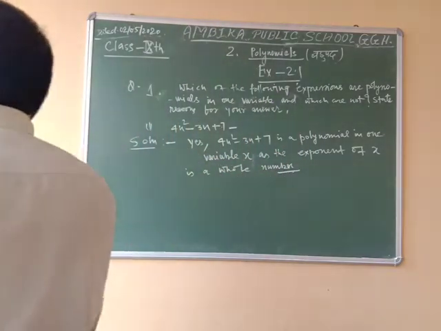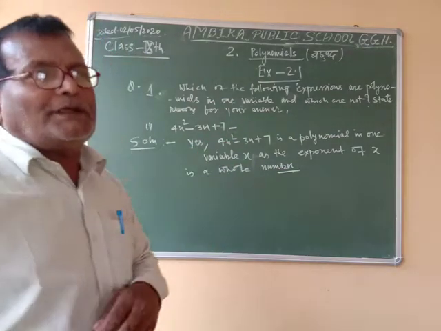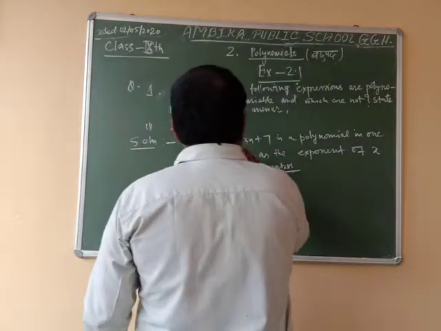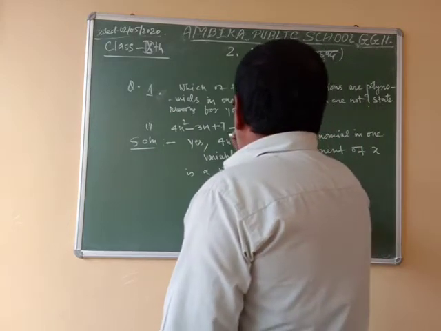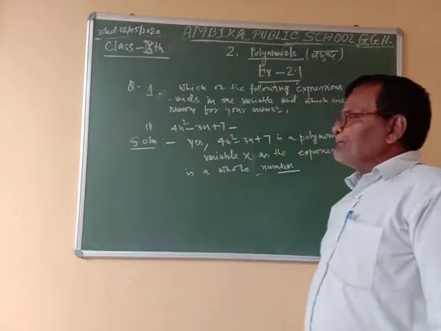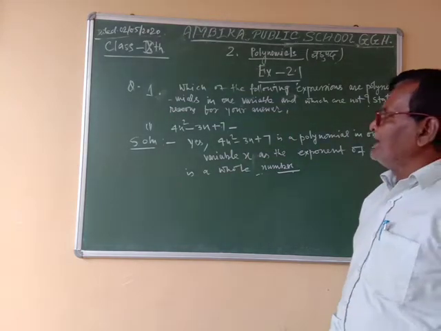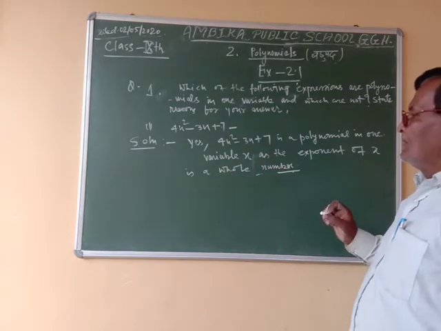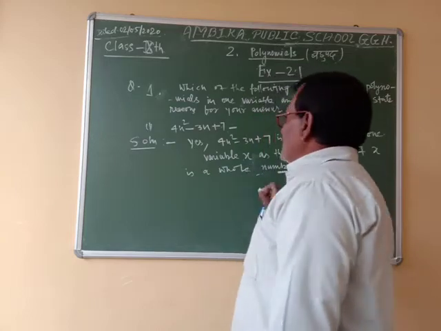An expression is a polynomial if the degree of the variable x is a whole number. यदि किसी बहुपद में चर x के घात एक पूर्ण संख्या हो तो हम उसे बहुपद कहते हैं.